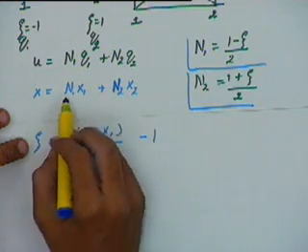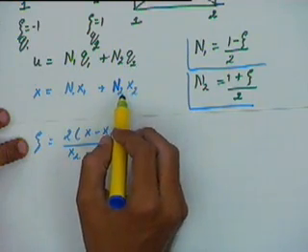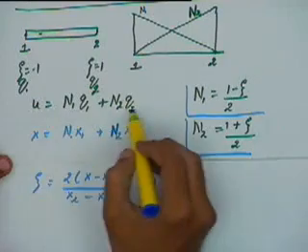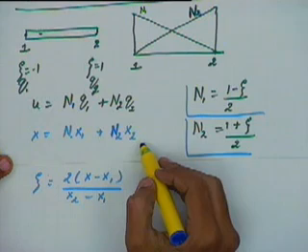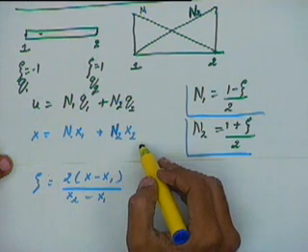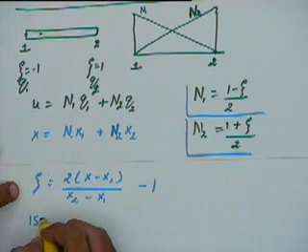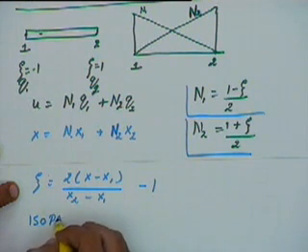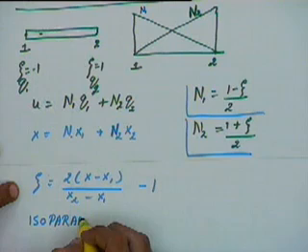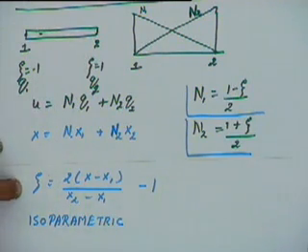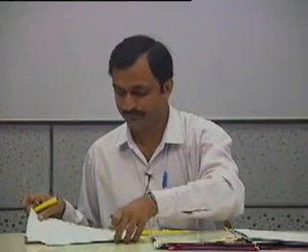Okay, so x will be equal to n1 x1 plus n2 x2, and whenever we have a situation of the type that u is given by an expression like this and x is also given by a similar expression, okay, such elements are referred to as isoparametric elements or an isoparametric formulation of the problem.